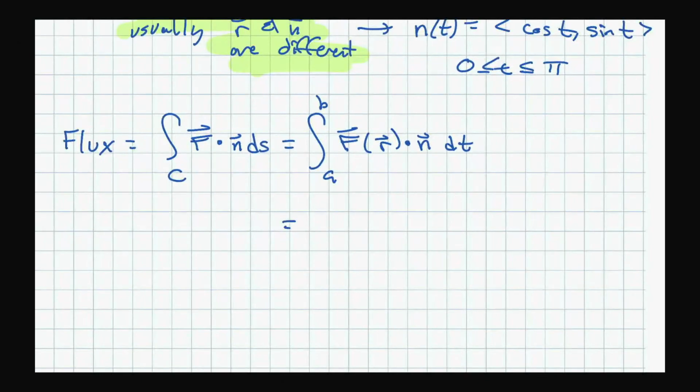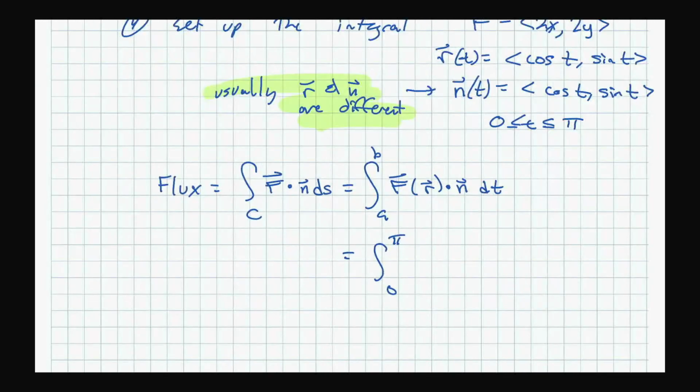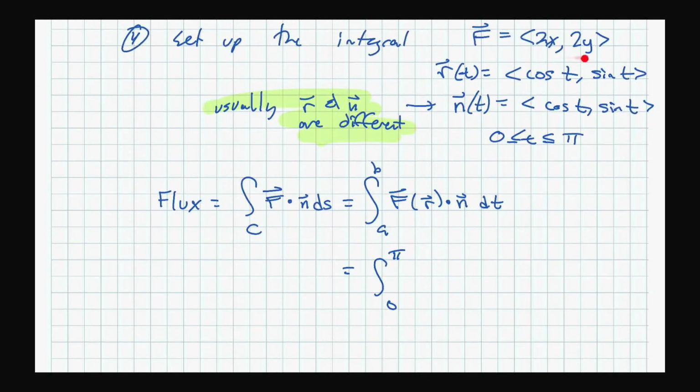So we put everything in here. a and b are 0 and pi. F is 2x, 2y, but we're plugging in r, so we get 2 cos t, 2 sine t, that's f of r, dotted with n, which is cos t, sine t, and then just dt.